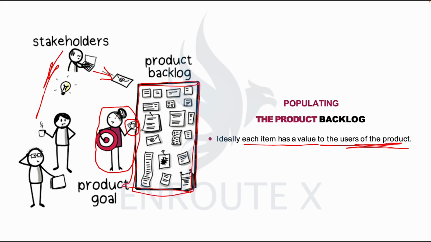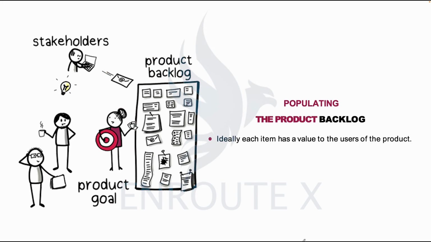The product owner takes each of the items, stacks it up on the product backlog, and every product backlog item is pointing also to the product goal. So that is the illustration from here. Let's move further.